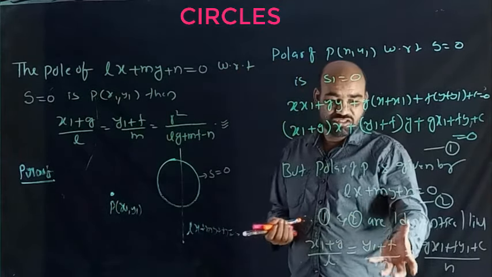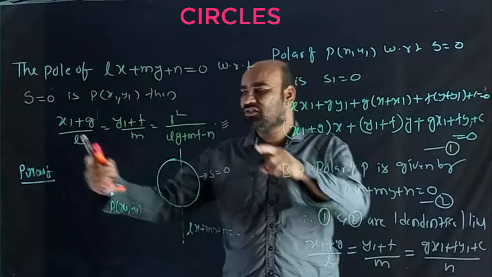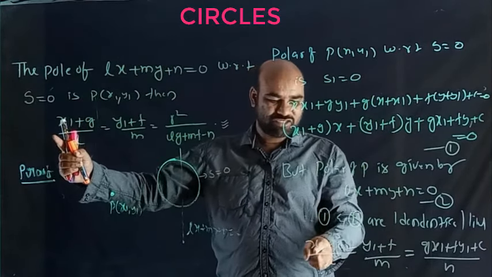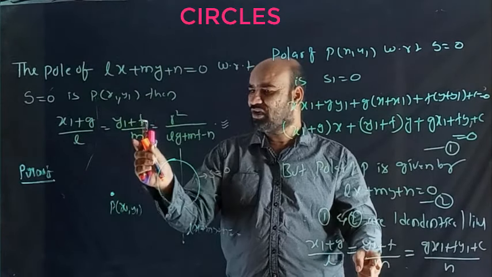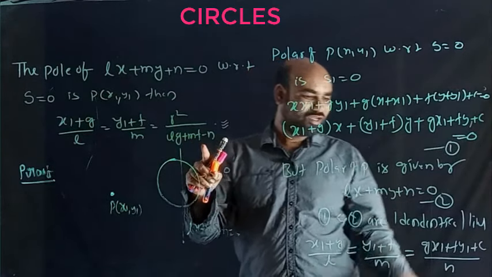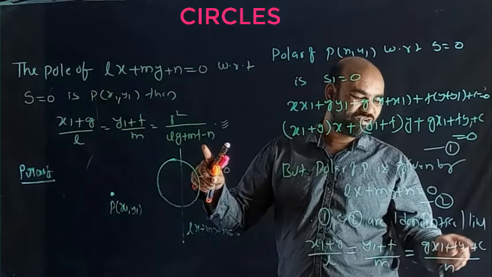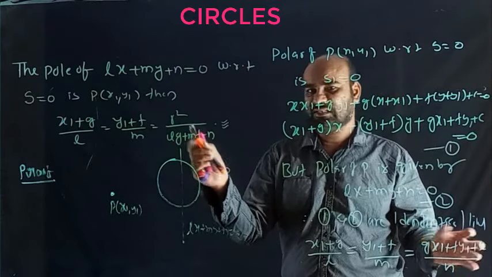By using this result only you can find the x1 value and y1 value, or show that this happens. See here, (x1 plus g) by L equal to (y1 plus f) by M equal to something is given, r square by (Lg plus Mf minus N). But what you got here is (gx1 plus fy1 plus c) by N. Now it is enough to prove that this is nothing but this.